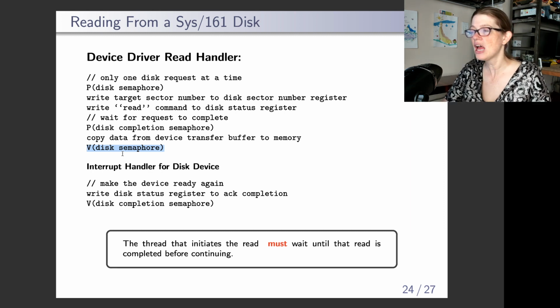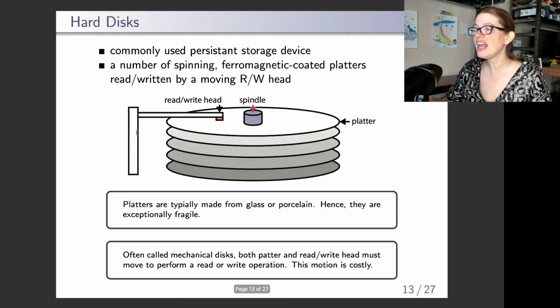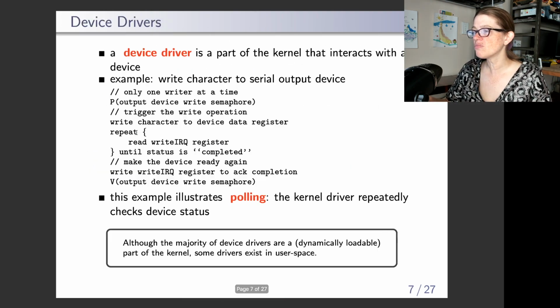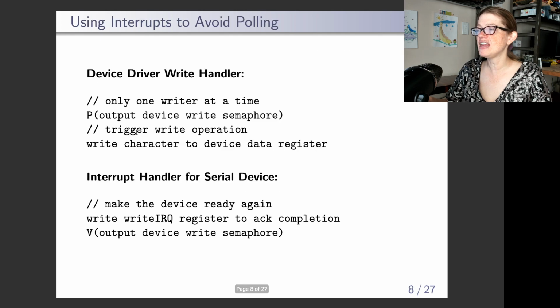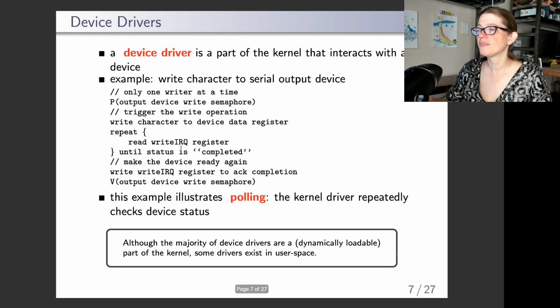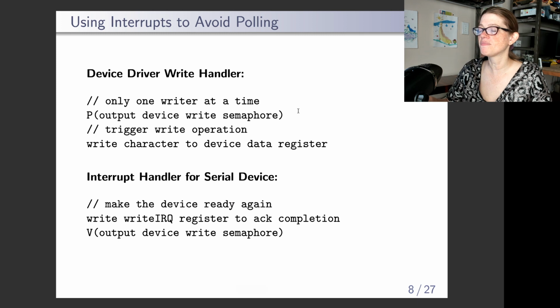That's what makes sense. But there are other device drivers that don't need the two semaphore approach. And if we go back in time in these slides, and we're looking at things like this, is the console one. We didn't need a second semaphore here.